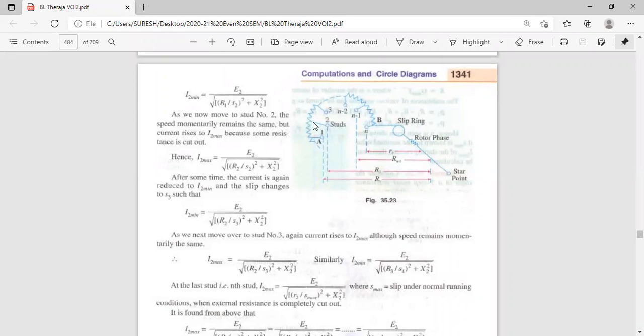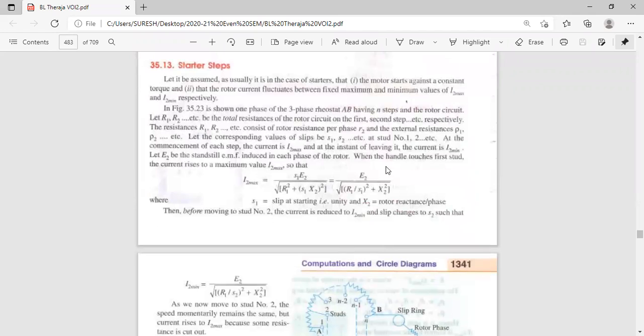Yes, sir. Now what is the conclusion? The leaving current when the switch is in position 1 is equal to the entering current when the switch is moved to position 2. At the commencement of each step, the current is maximum. At the instant of leaving, the current is minimum: I2 max and I2 minimum.